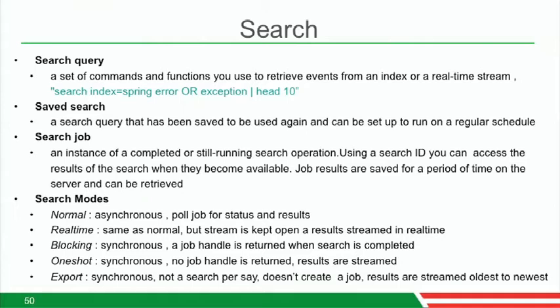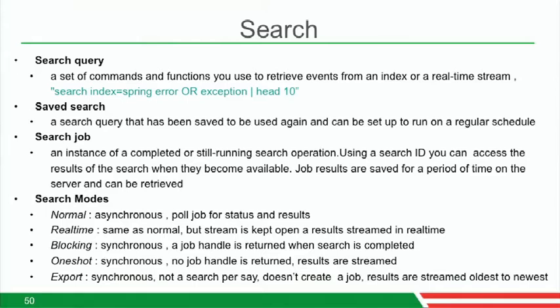But when you're programming this yourself and doing searching via the REST API, there are many, many different types of searches that you can use to facilitate whatever you're trying to accomplish. So a search query in Splunk is just a set of commands and functions that you can use to get stuff out of Splunk. In this particular example, I'm just looking in the Spring index.